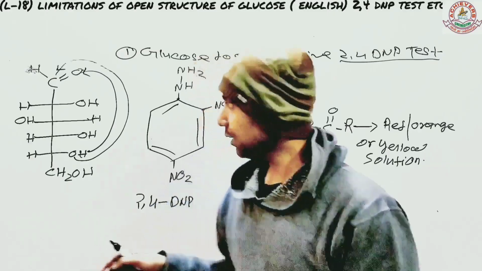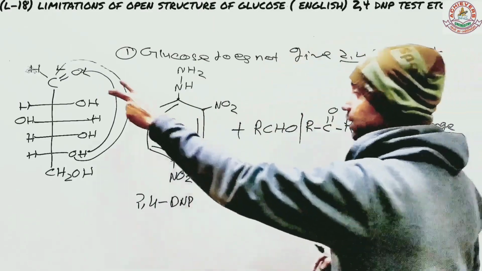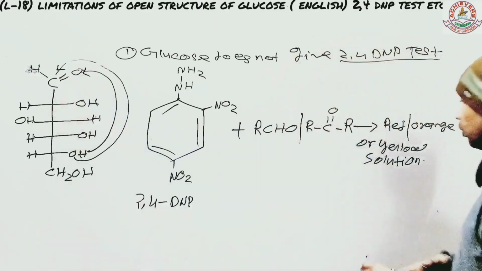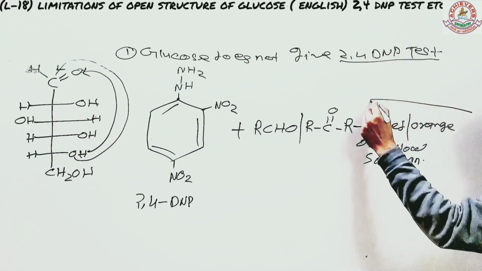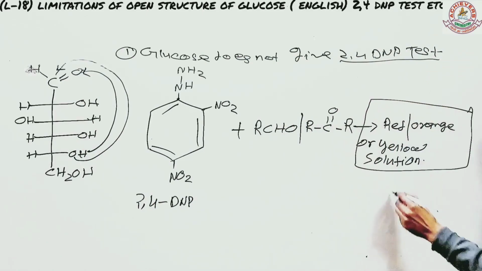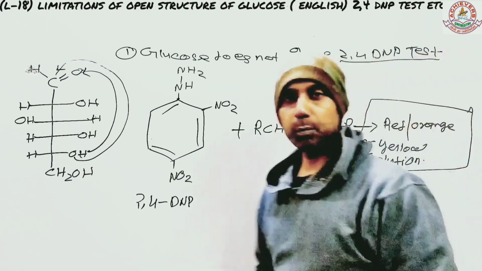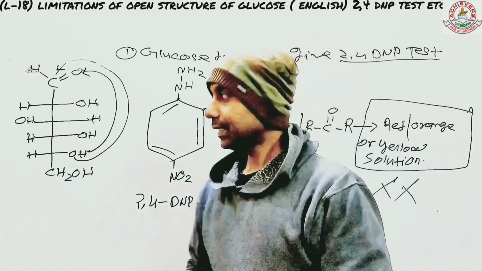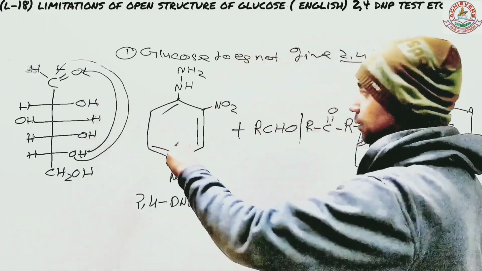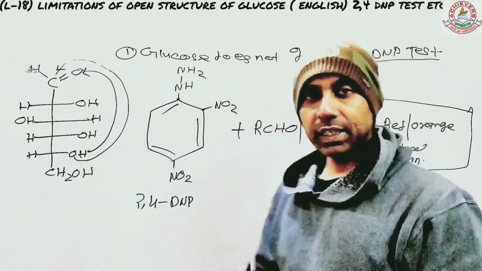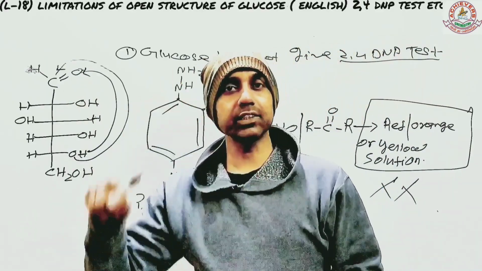But what happens when this compound reacts with glucose, where we believe we have an aldehyde? No such product is formed. And why is this not forming? Because the oxygen on the first carbon is used in making the cyclic structure.